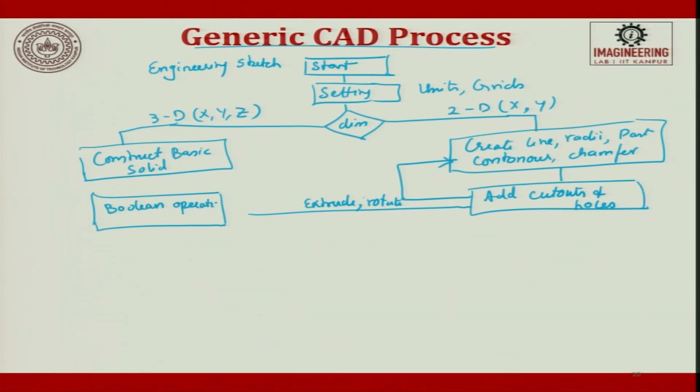What are Boolean operations? A union B, A intersection B, A subtract B, invert. All these things are Boolean operations. So, this is extrude.